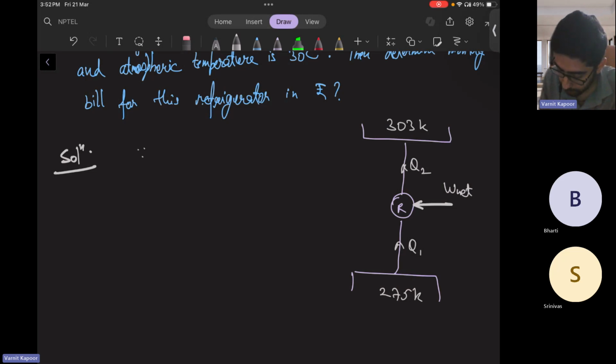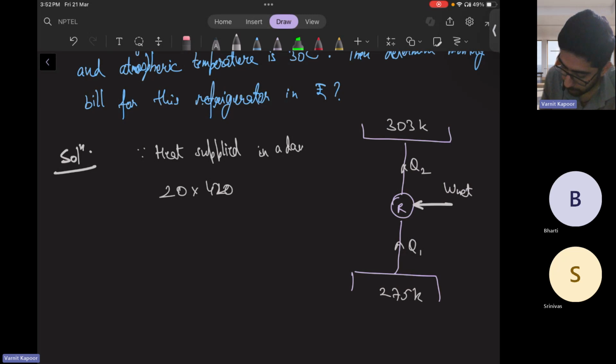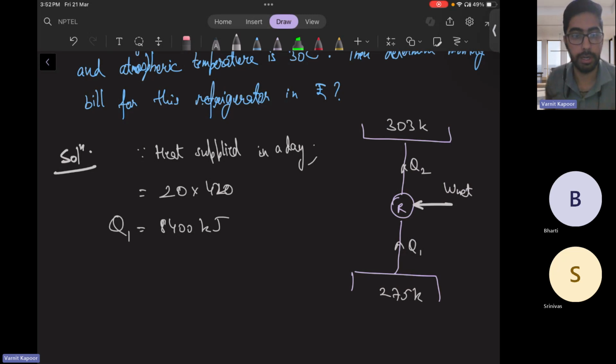Since heat supplied is equal to 20 times, one door opening is 420 kilojoules, so in a day it is equal to 8400 kilojoules of heat supplied, and that is nothing but your Q1. 8400 kilojoules per day of heat is supplied.